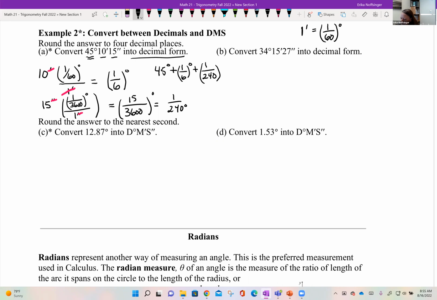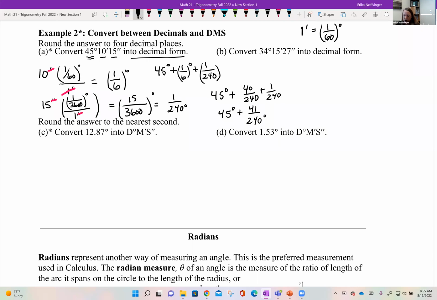So this is 45 degrees plus, so I know 40 times 6 is 240. So this would be 40/240, which is the same thing as 1/6, plus 1/240. That's going to give us 40 plus 1, so 41/240. So this is 45 degrees plus 41/240.